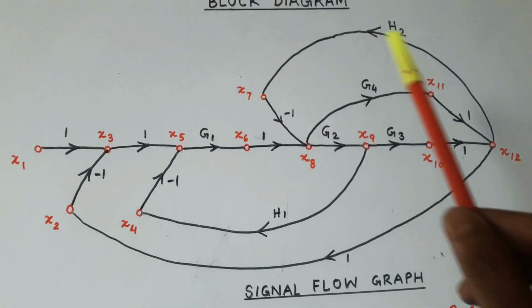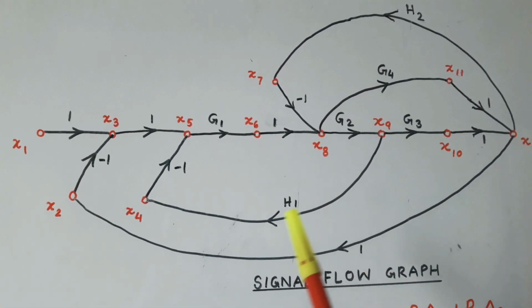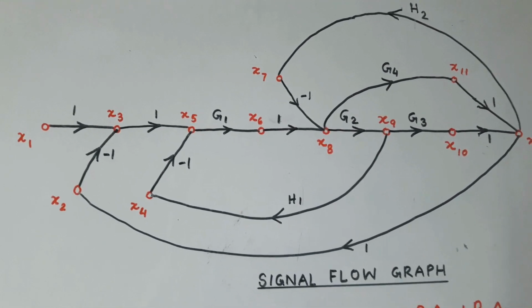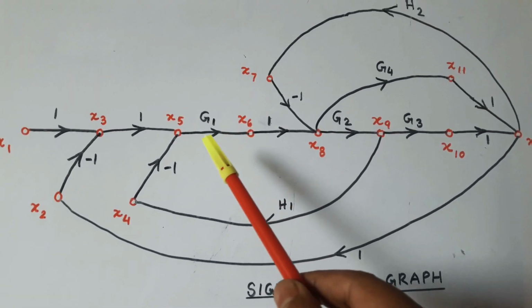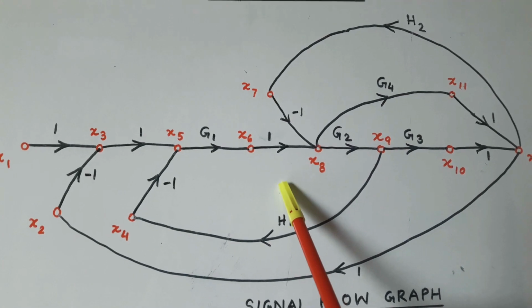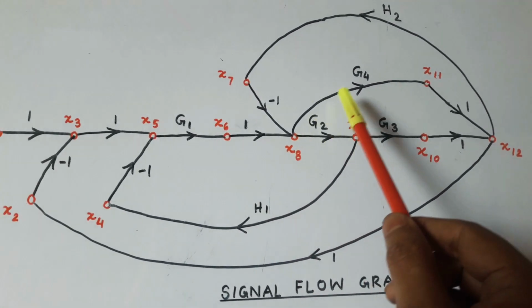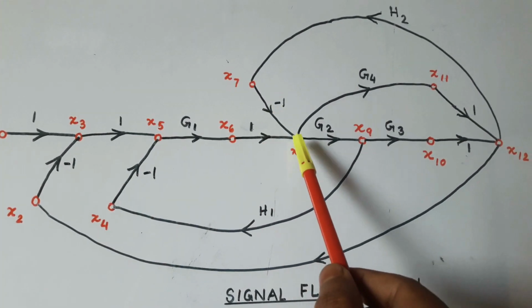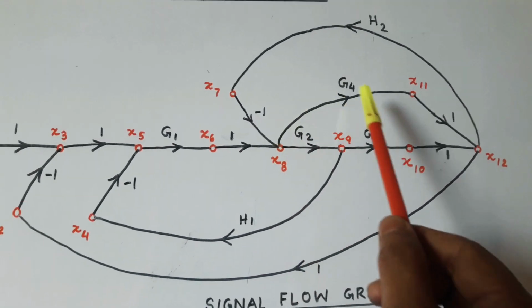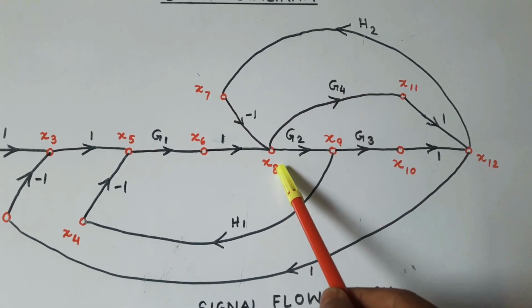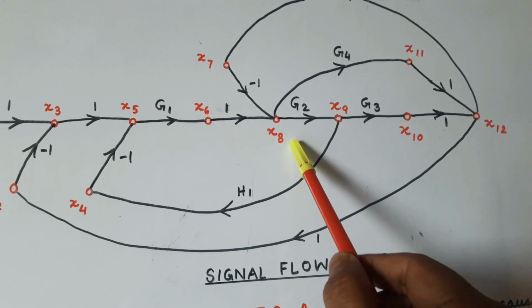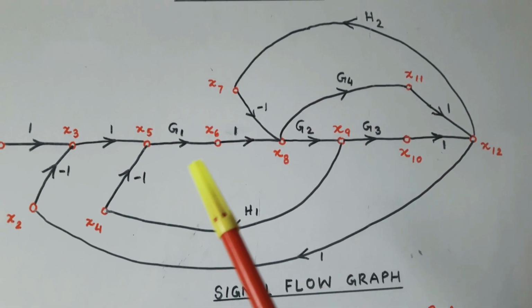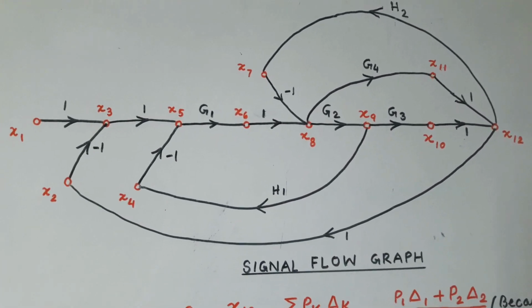Now in this signal flow graph, we find that there are a total of 5 loops. We find that this is a loop. Again, we find that this is also a loop. Similarly, this is a loop. So we find that there are a total of 5 loops in this signal flow graph.